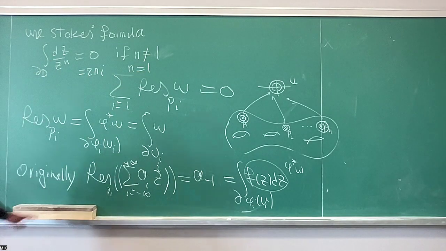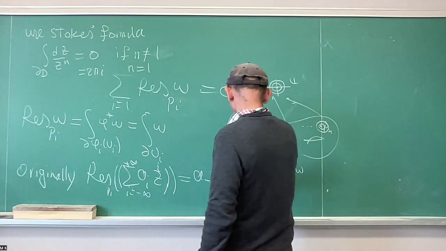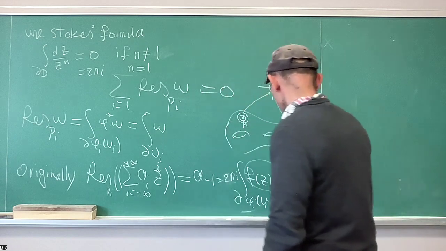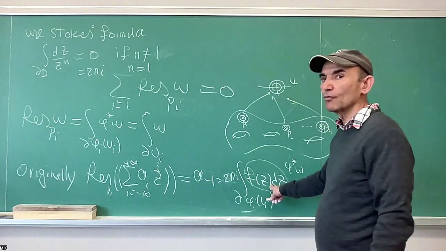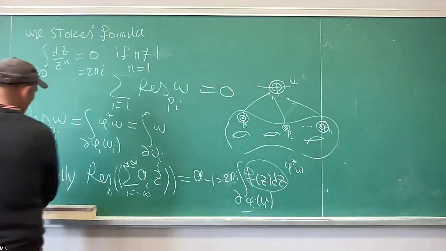So this is a_{-1}, so it should be 2 pi i times this. Because this integral itself gives 2 pi i, but we are not interested in the 2 pi i, we are just interested in the coefficient.